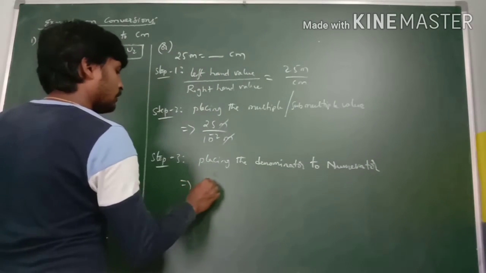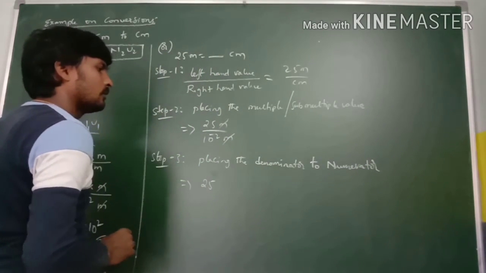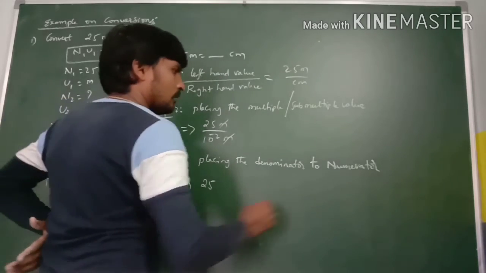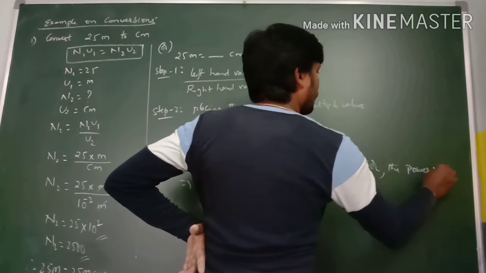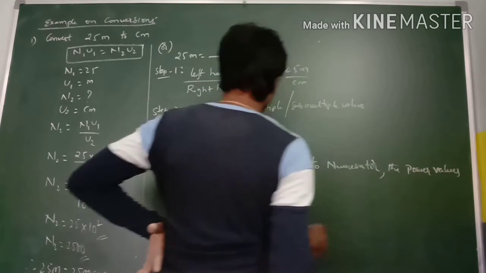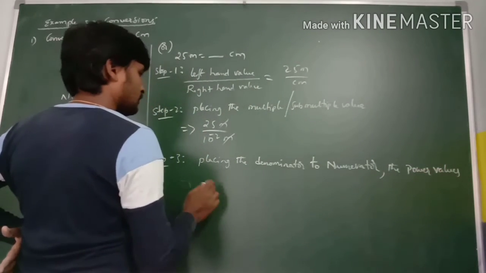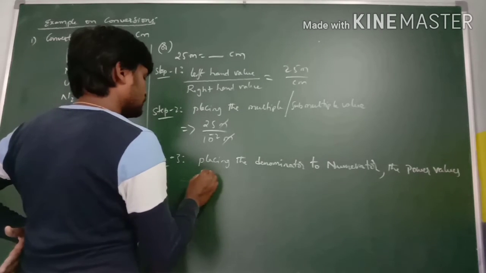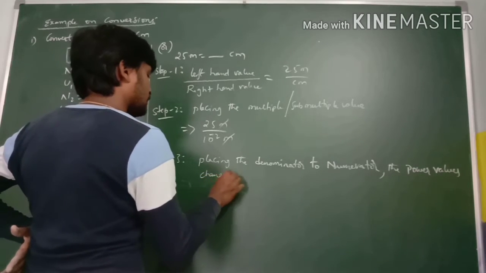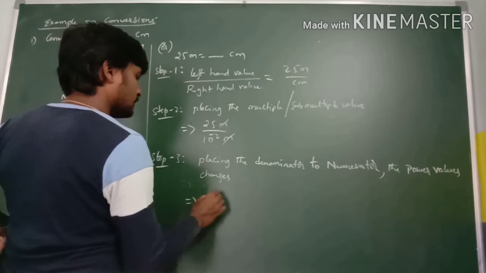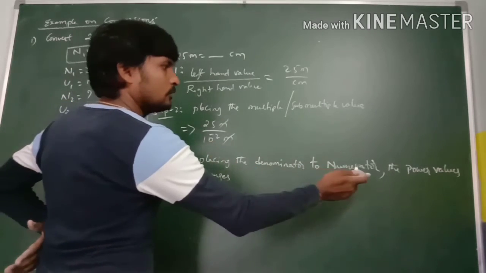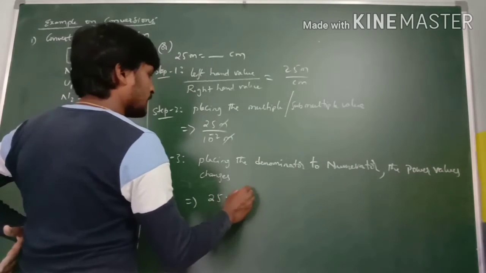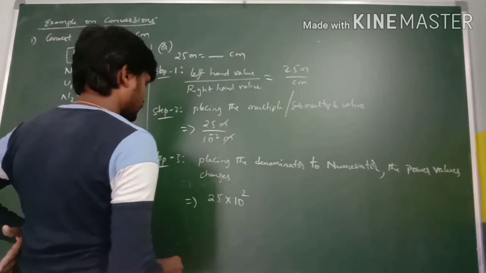Then the power values may change. The power value changes. That means 25 into 10 power minus 2, the power value should change, that means 10 power 2.